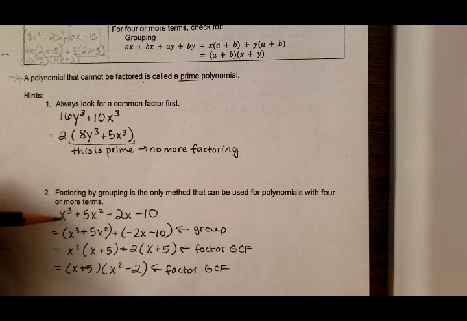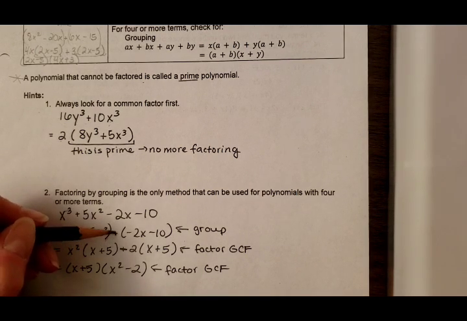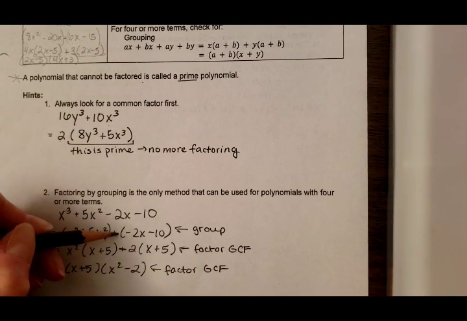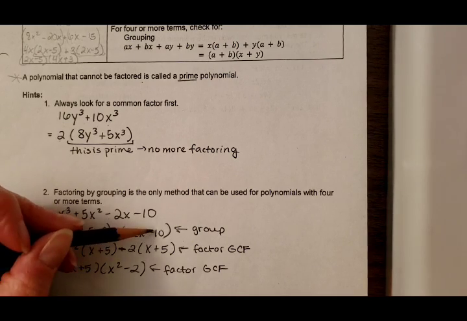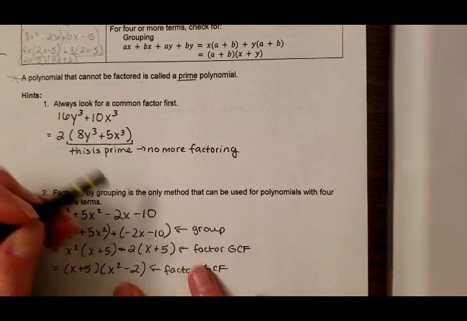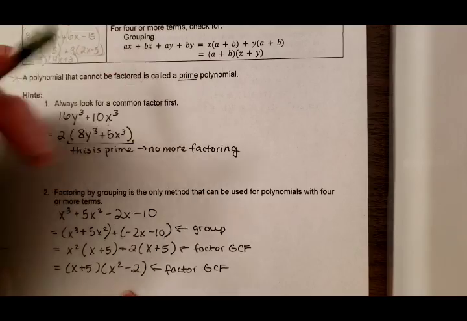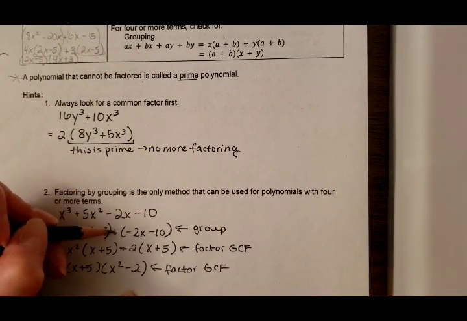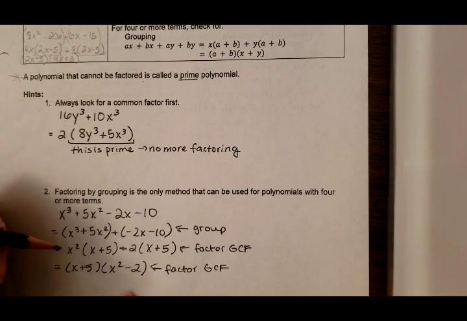Now notice when I group them, I put parentheses around the first 2 terms, and then around the second set of terms, but I throw a plus in between. Because if I left the minus out, then I'd automatically have to change the sign on that negative 10, and more often than not, people forget to do that, and it messes them up. So I find it's easier to throw parentheses around each part that I want to group together and put a plus sign in between, and then deal with the negative sign as I'm factoring.